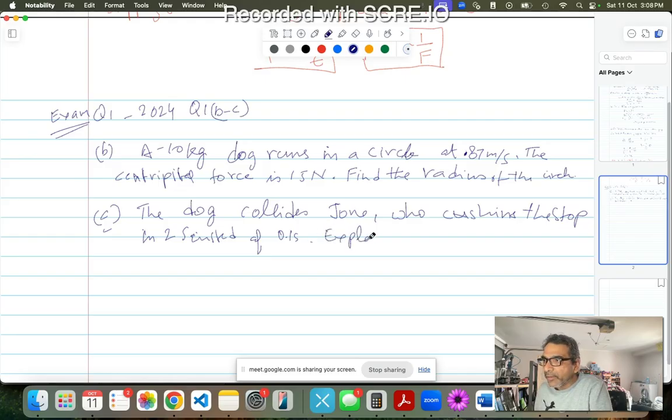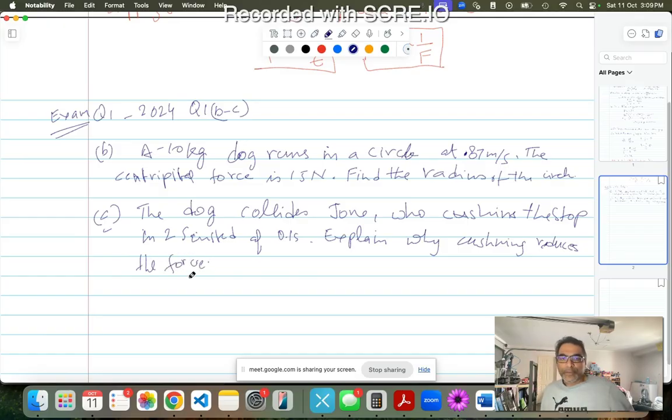Explain why cushioning reduces the force. Okay, so this is the question.